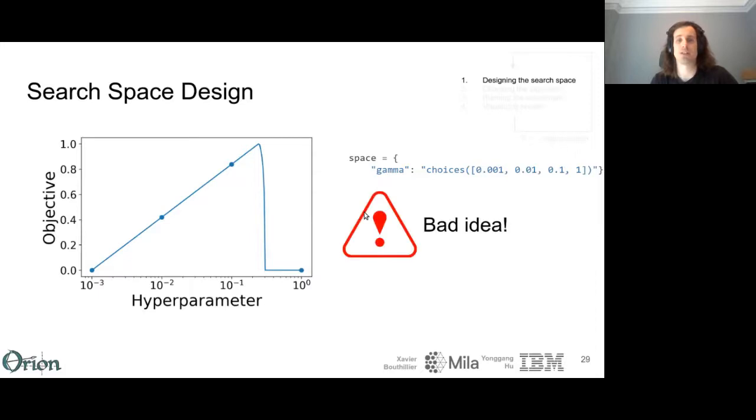But actually, it's a bad idea, because you don't know what the best values are, because otherwise you would not be doing the hyperparameter optimization in the first place. And when you're defining this list, you may be missing very good hyperparameters, and just find an underperforming model. So I do not recommend turning real hyperparameters into a list of choices.